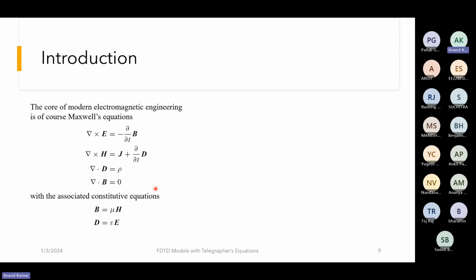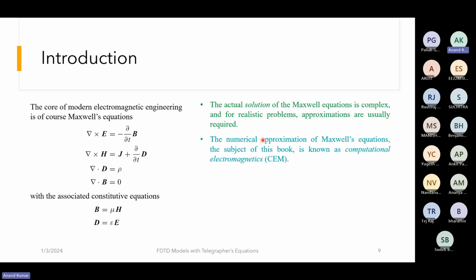The actual solutions of these equations become complex for realistic problems, and we usually tend towards approximate results. Computational electromagnetics is what we turn to when we try to make these approximate solutions.